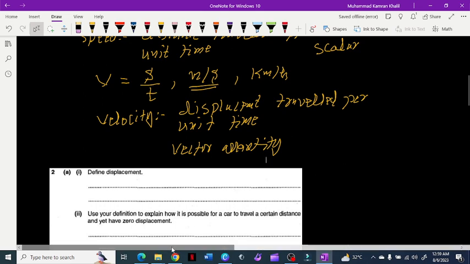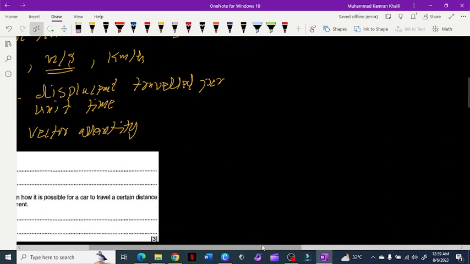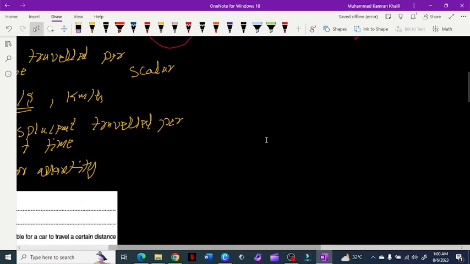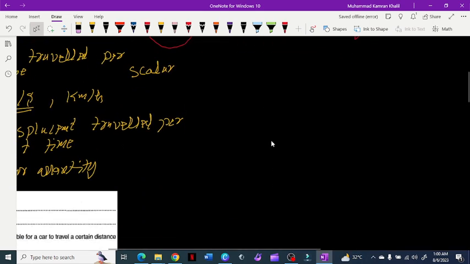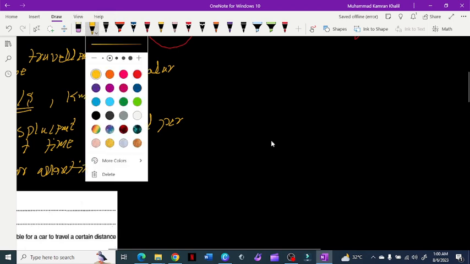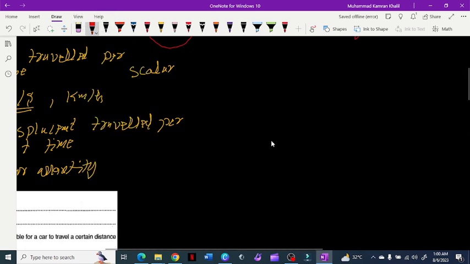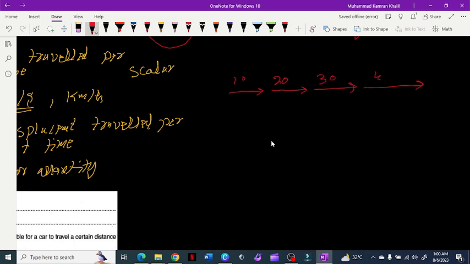Now how the velocity of an object changes. So we will discuss examples related with this, that under which circumstances the velocity of an object can change. For example, a car is moving in a straight line. There is no change in direction, but its speed is increasing. So 10 meter per second, then 20 meter per second, or 30 meter per second, or 40 meter per second, or it can be vice versa.